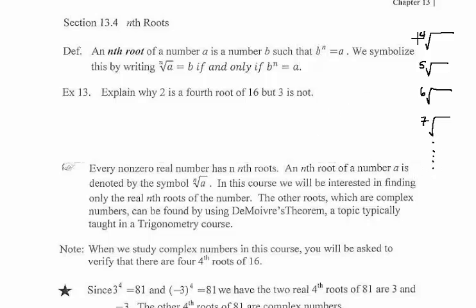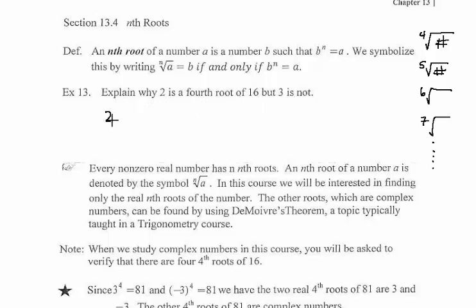Okay, these root numbers can keep going. Alright, but the idea is the same. If we're talking about a 4th root, then we just say, what do we raise to the 4th power to get the number inside the radical? For a 5th root, we say, what do we raise to the 5th power to get this number inside the radical, and so on.